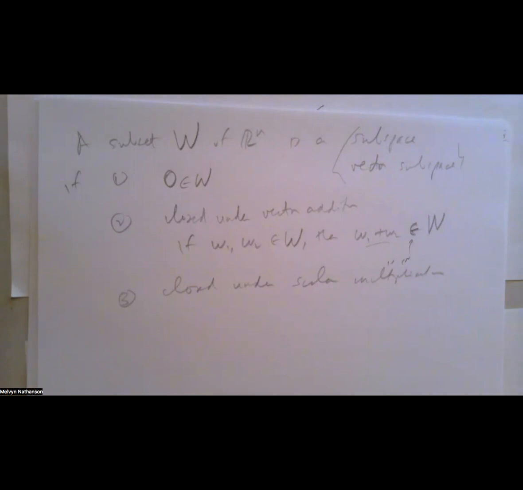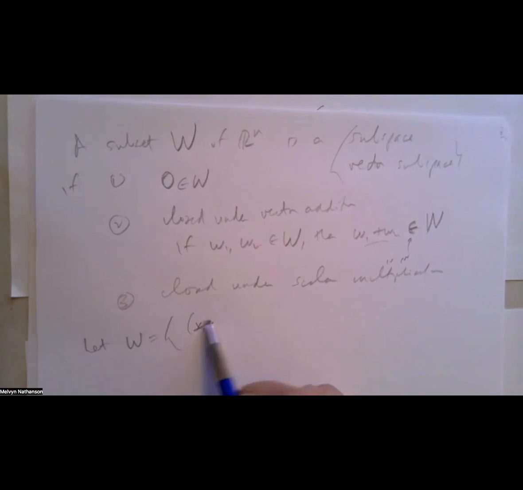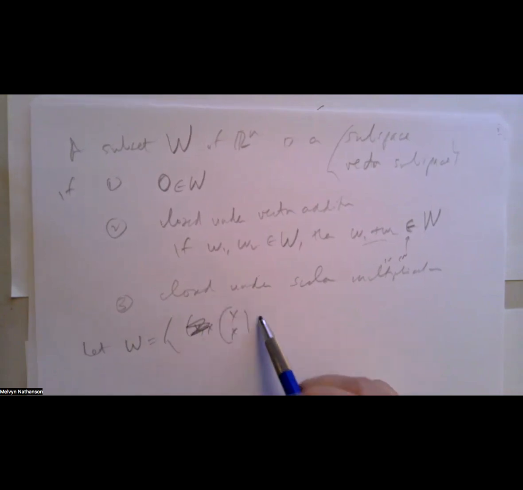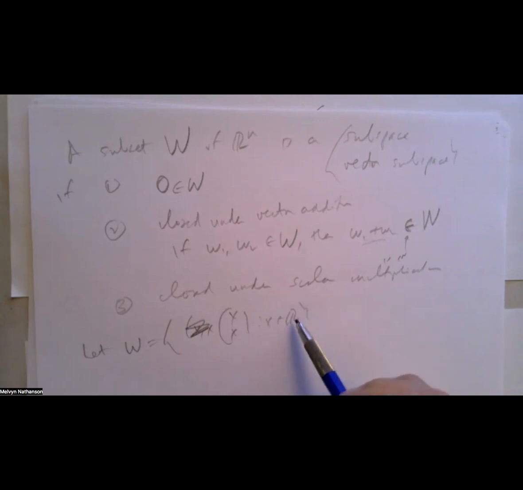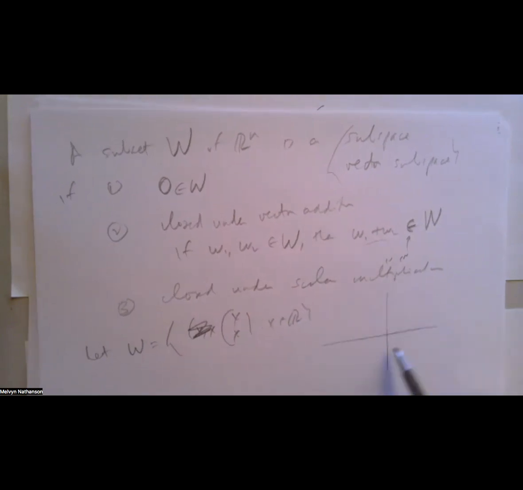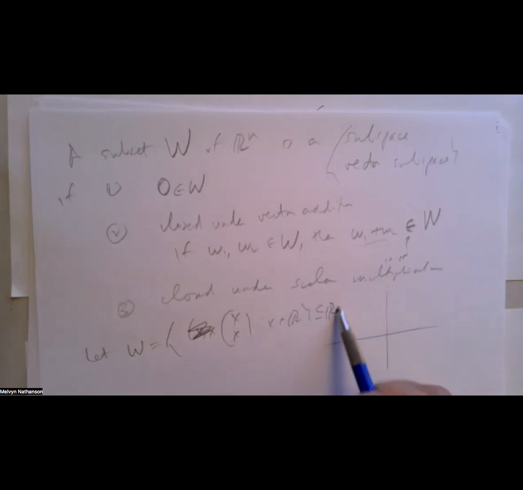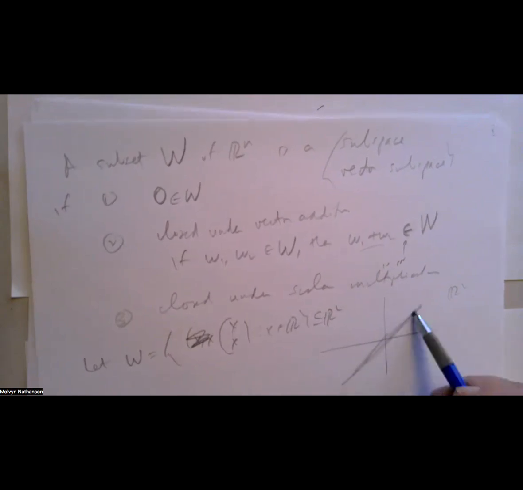And there are lots of very simple subspaces. For example, suppose I let W be the set of all vectors of the form (x, x). So if you think of this in the plane, R2, this is a set W contained in R2, a set of two-dimensional vectors. So here's the plane R2, and we're looking at the set of vectors where the second coordinate equals the first coordinate. That's just the line y equals x.